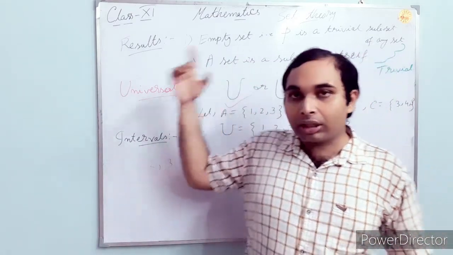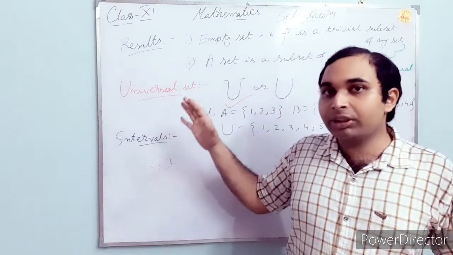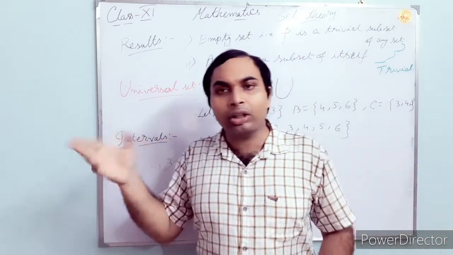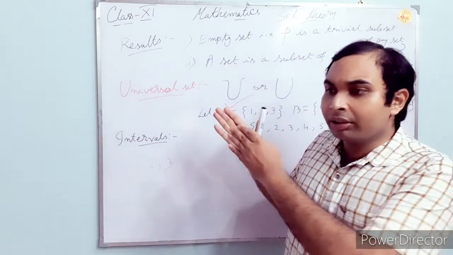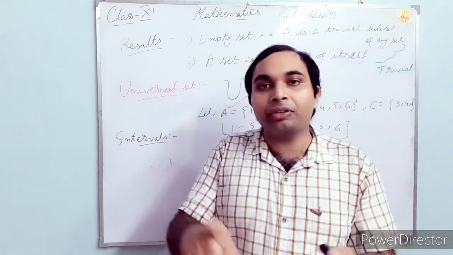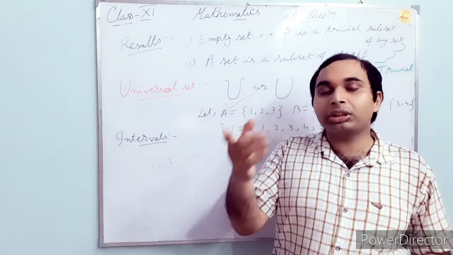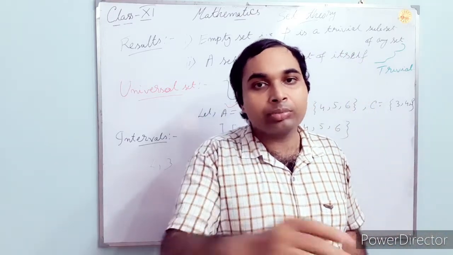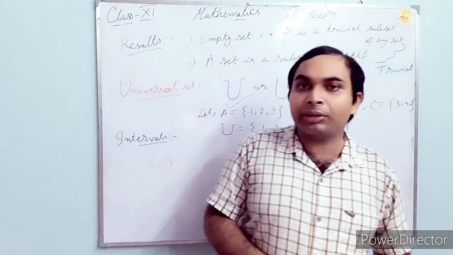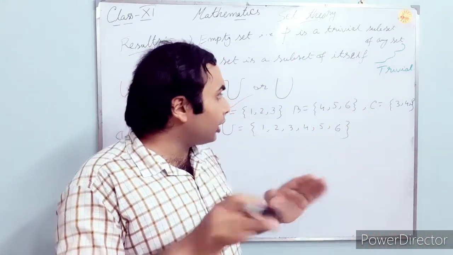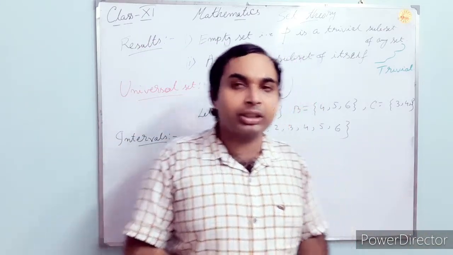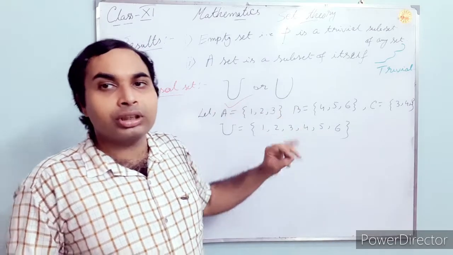So all those number system sets are subsets of the universal set. And suppose the integer set: the integer set is a superset of the whole number set. And also we can say the natural number set is a subset of the whole number set or the integer set, like that. So this is the whole concept. You can verify with other sets also. Take sets and then try to write the subsets and also the power set, also the universal set, like that.